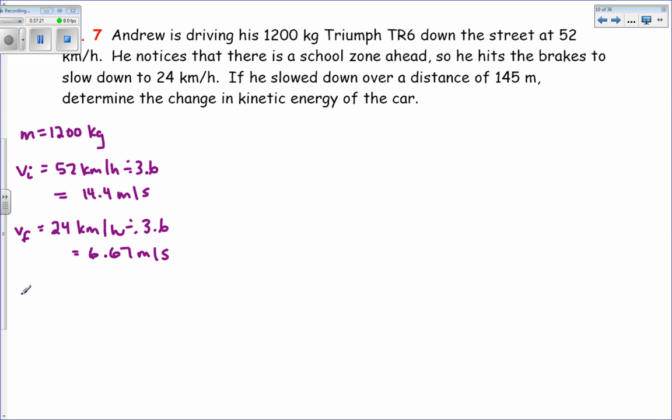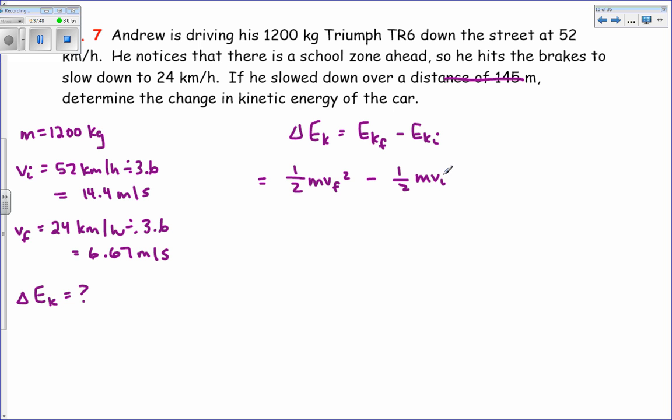We want to know his change. If he slowed down over a distance of 145 meters, the distance doesn't actually matter. We want to determine the change in kinetic energy. So let's remember, change in kinetic energy is final minus initial. So EKF minus EKI. So that's 1/2 mVF squared minus 1/2 mVI squared.